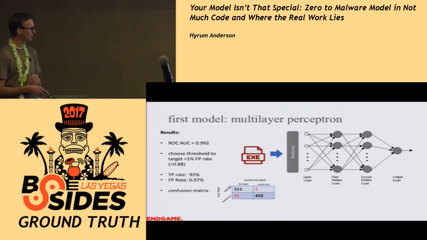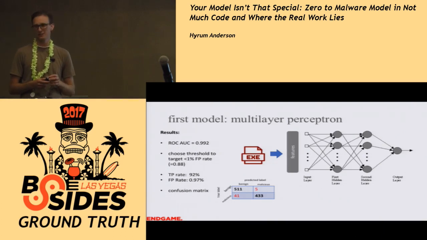And this is the confusion matrix. Now, this is where we have to level with ourselves. This is not a special model. This model took just a few lines of code, multi-layer perceptron. This is kind of 1994 technology that we're applying here, except for some of the activation functions.